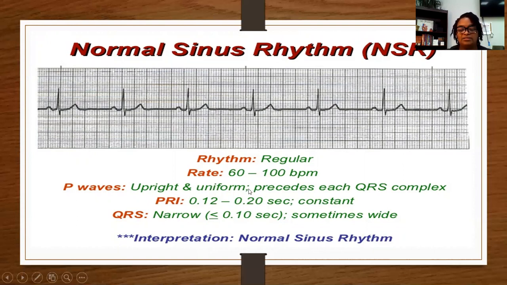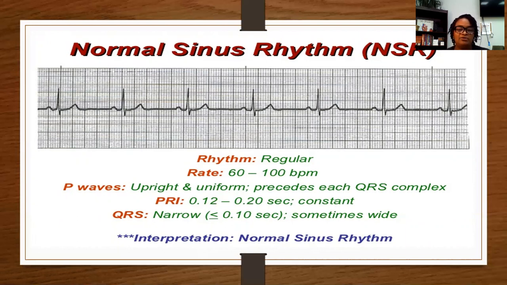Your rate is 60 to 100 beats per minute. The P waves are upright and they're uniform. They all look alike. And then we have one before each of our QRS complexes. Our PR interval is between 0.12 and 0.20 seconds, and it's constant.